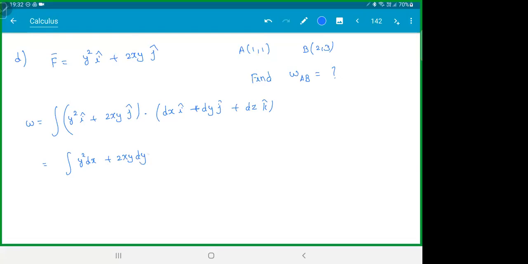Now you need to figure out this is actually a perfect differential of xy square. So this would be y square into dx plus x into the differential of y square, that would be y square dx plus 2xy dy. Able to see that?